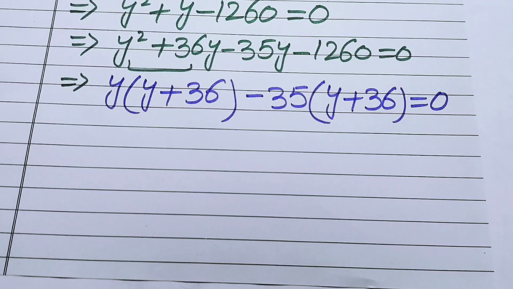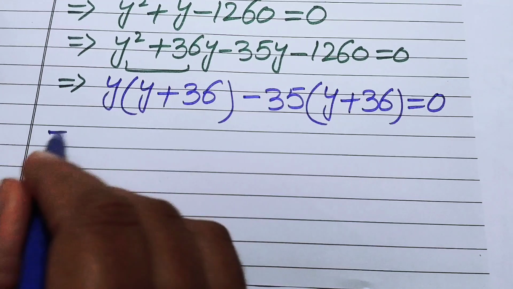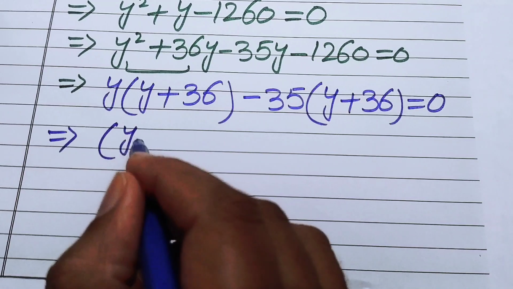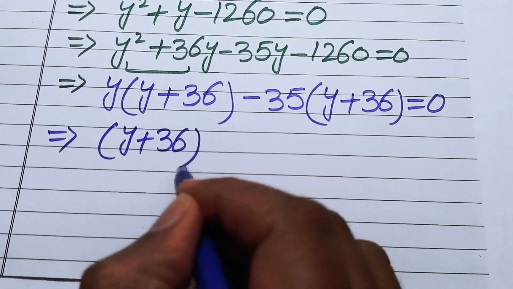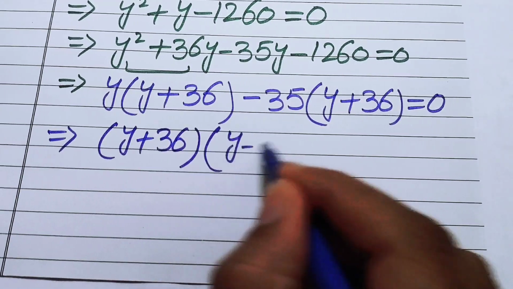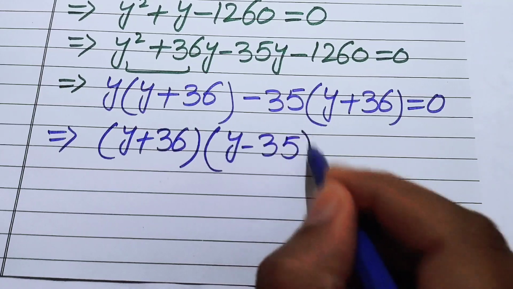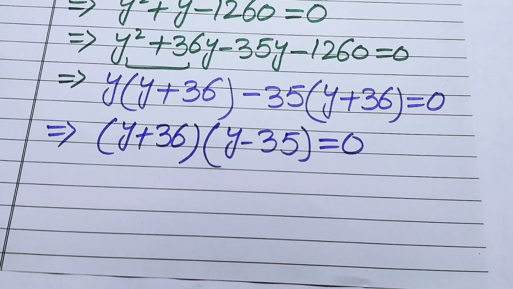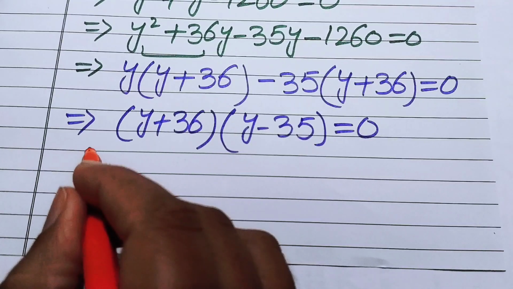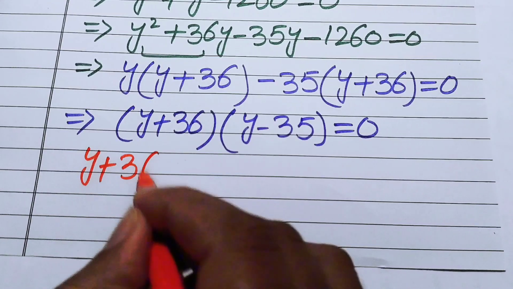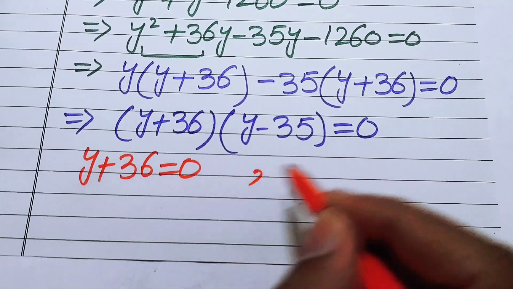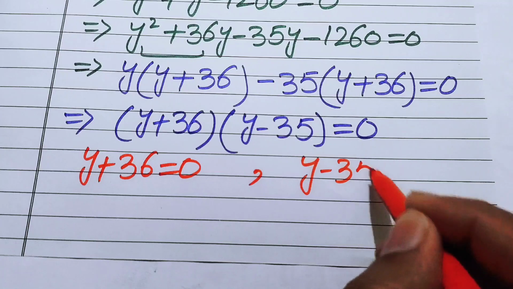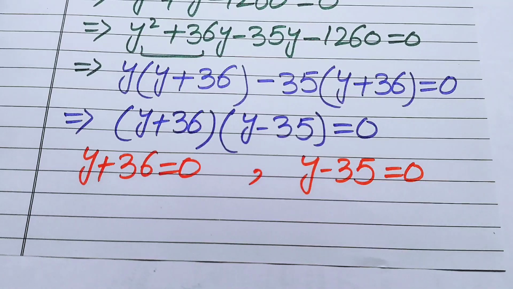And now you focus on both of the terms, and we take common y plus 36 from both of the terms, and we get y minus 35 equals 0. Now here we have two cases. The first case is we write y plus 36 equals 0, and the other case is we write y minus 35 equals 0.